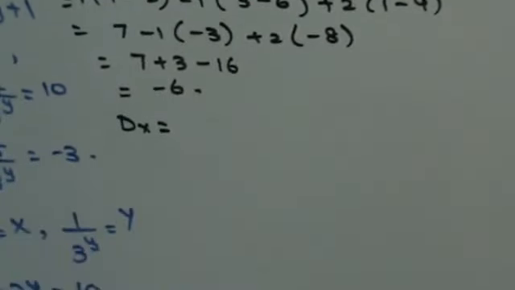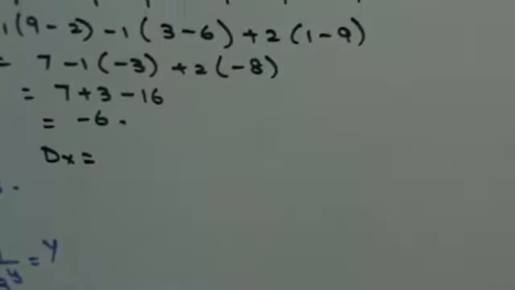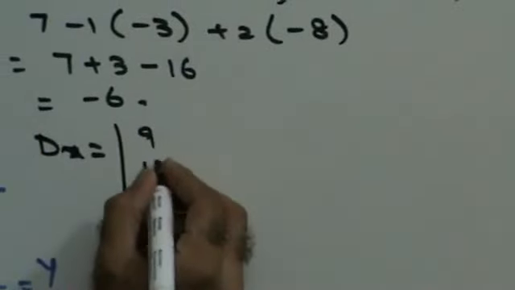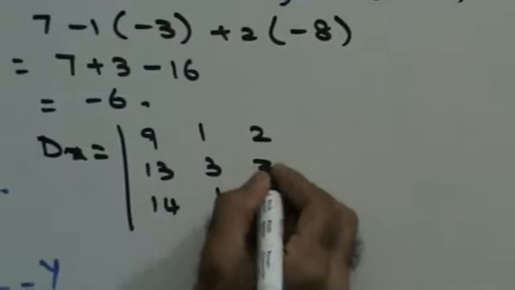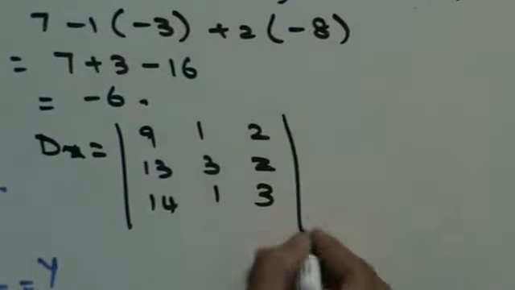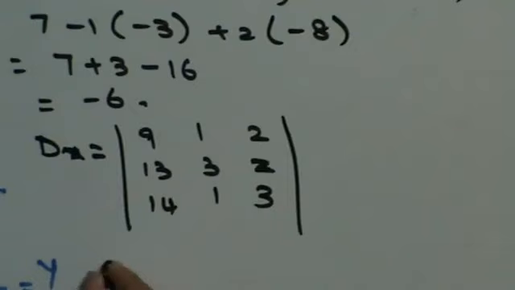How do you find out dx? Substitute the x column, guys, substitute the x column with the right hand side. So this will be 9, 13, 14, 1, 3, 1, 2, 2, 3. Right? So this can be written as, take the first element of the first row.